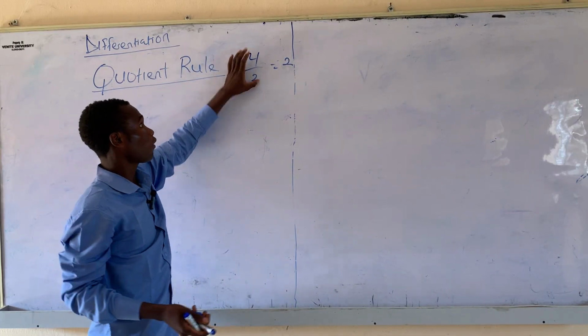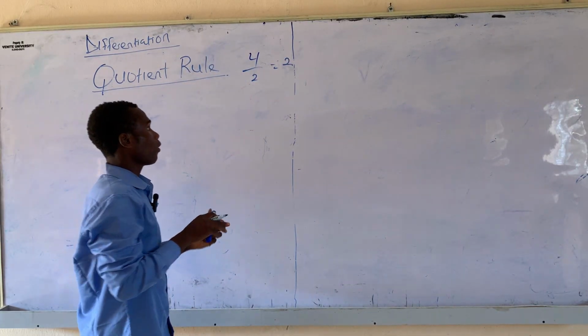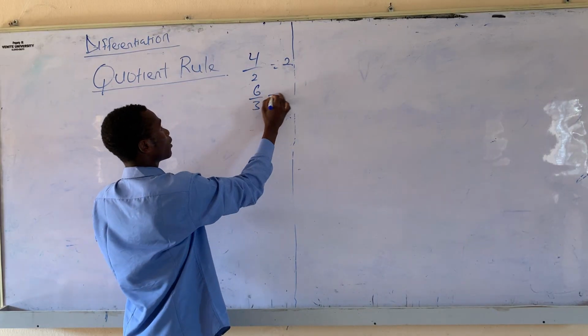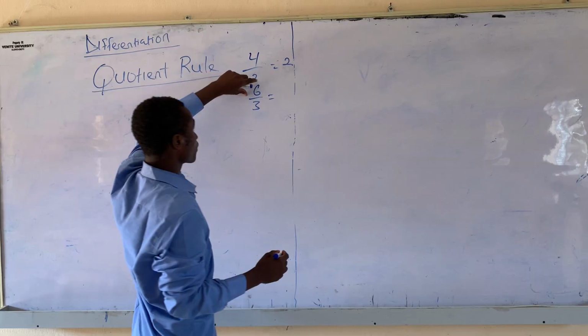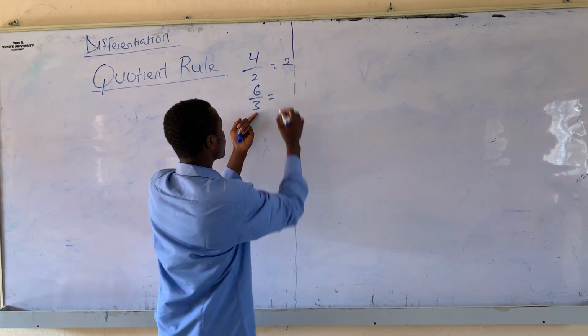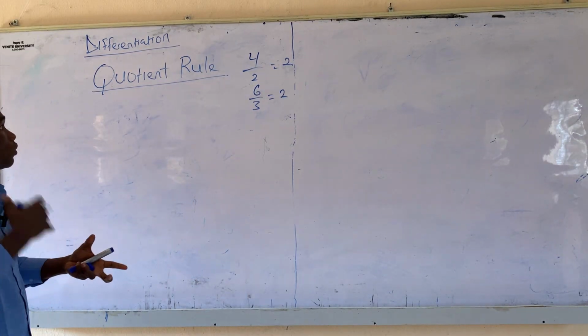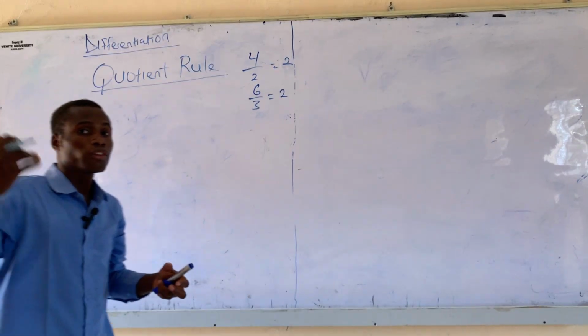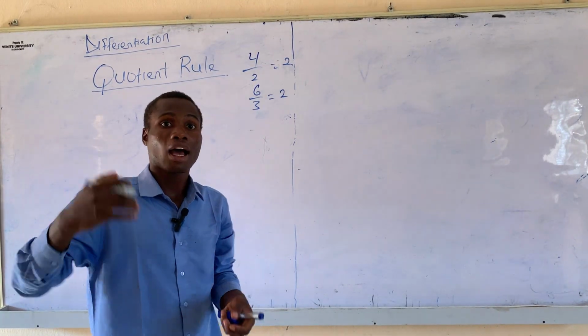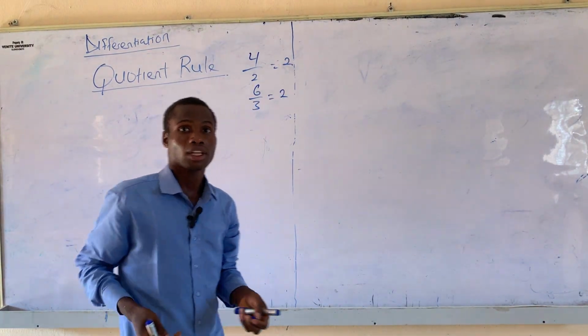Is 2. So the quotient of 4 and 2 is 2. Or let me say 6 and 3. The quotient of 6 and 3 is 2. So the quotient rule is applied when two functions or terms are dividing each other.